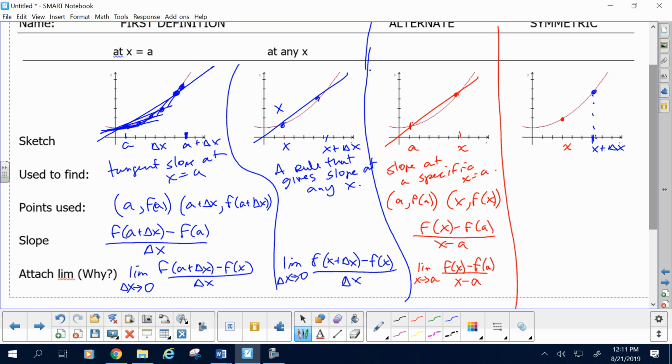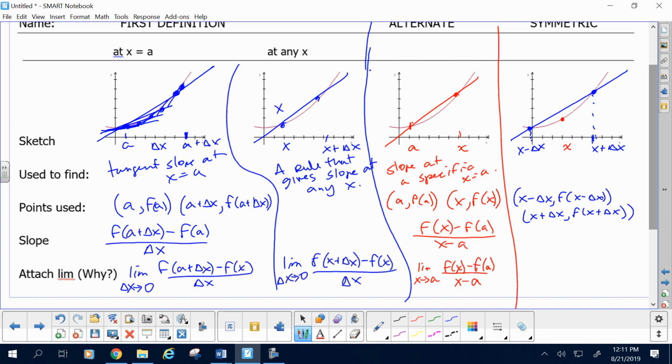And then I went a delta x below, which would put me at x minus delta x. Then I found the slope between those 2 values. The points I'm using are x minus delta x and f at that point, and x plus delta x and f at x plus delta x.